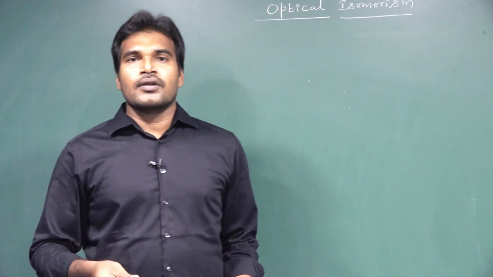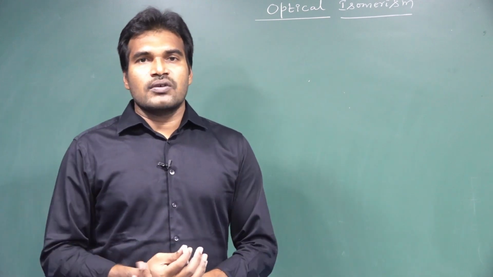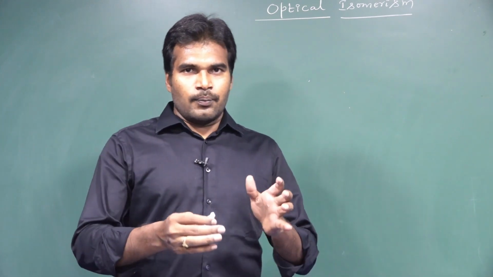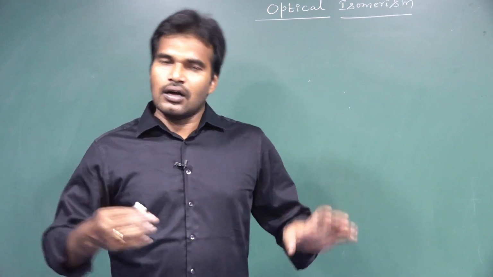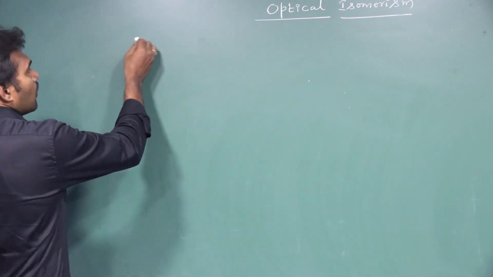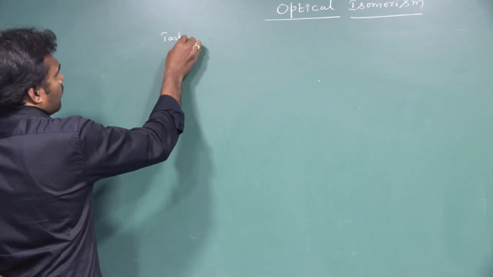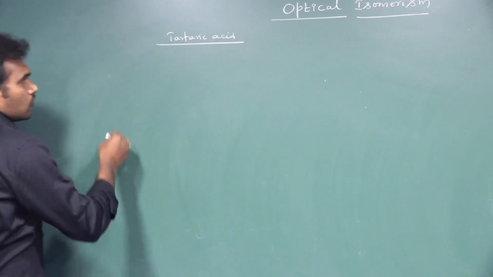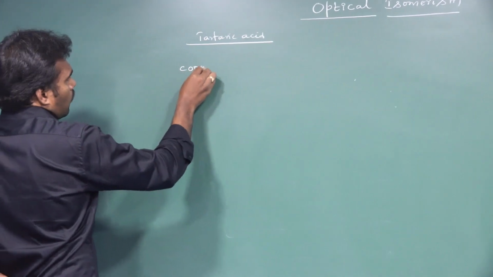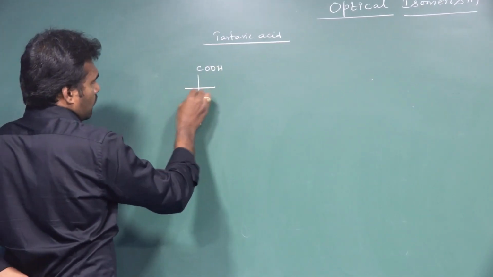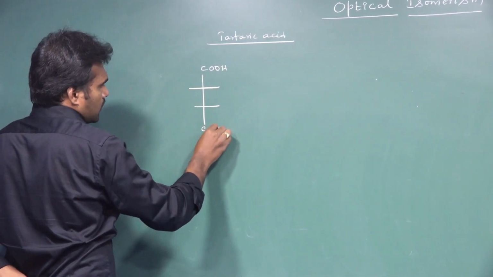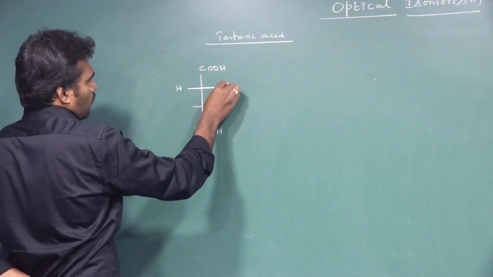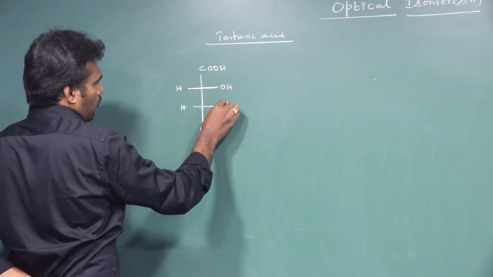Now I am drawing all the optical isomers of tartaric acid, and I am trying to give the relation between the isomers. So first of all, tartaric acid. The four isomers, that is COOH, HOH, HOH.